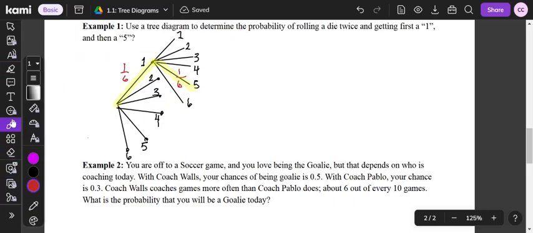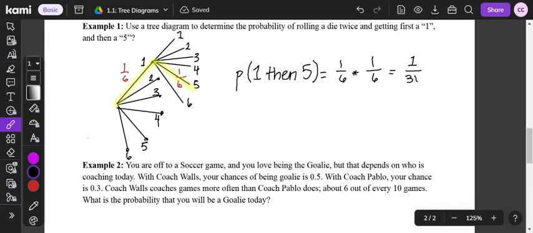I could say the probability of getting a 1 and then a 5 is equal to 1 over 6 times 1 over 6. Okay, and if you guys remember multiplying fractions, you just multiply straight across the top, straight across the bottom. So this is 1 over 36. This is the probability of getting a 1, then a 5.